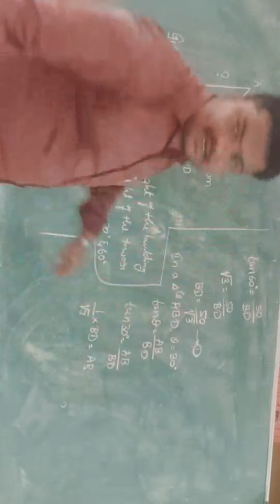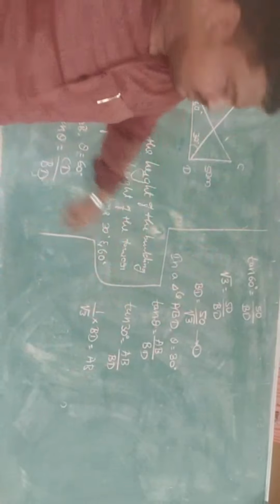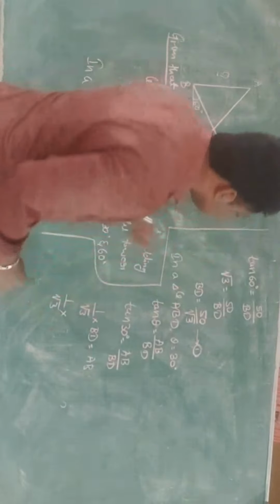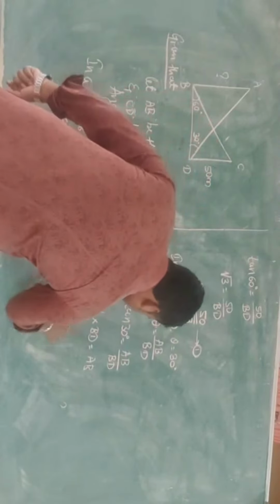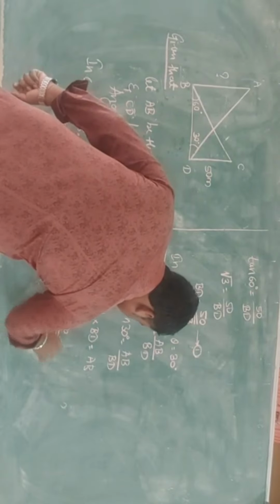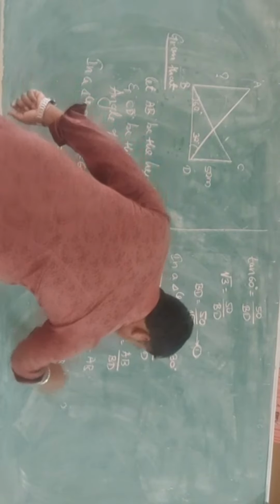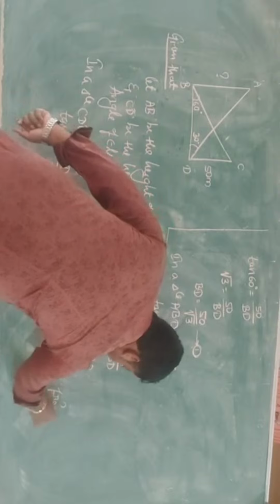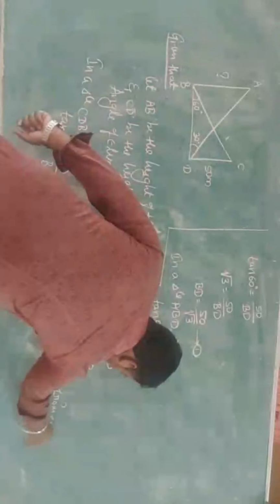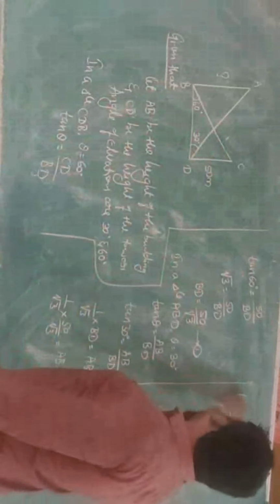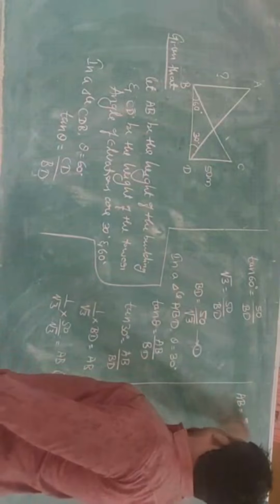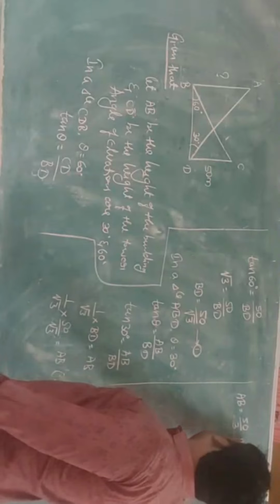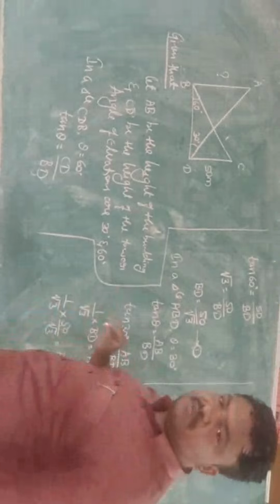This BD I transfer to the left hand side. So 1 upon root 3, what is BD? 50 upon root 3 is equal to AB, from equation number 1. Root 3 into root 3 is 3. So AB is equal to 50 upon 3 meter. AB is the height of the building.